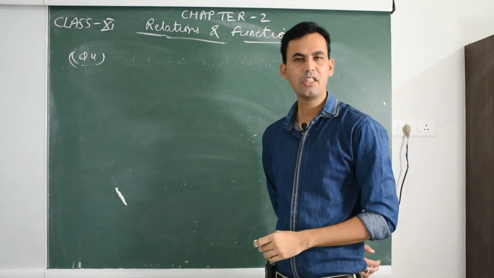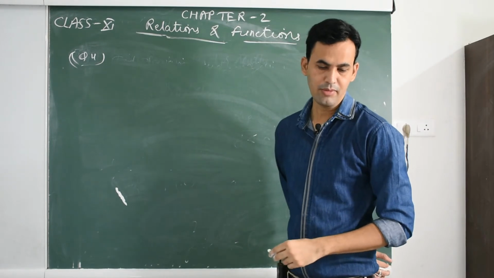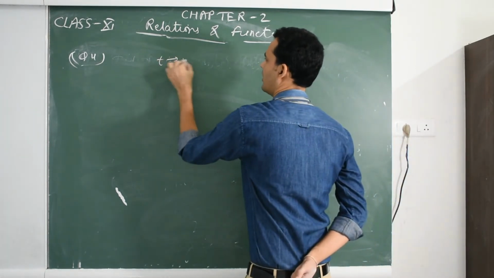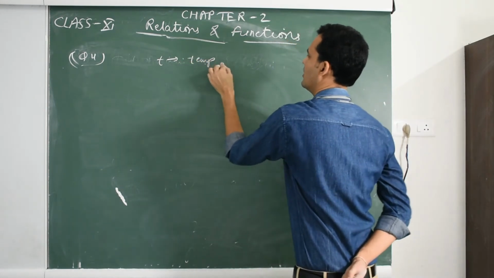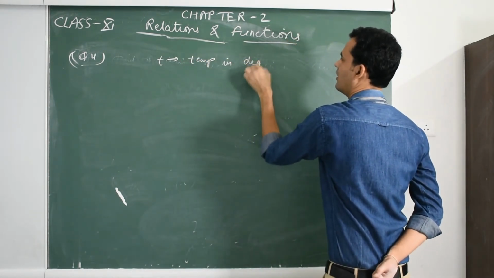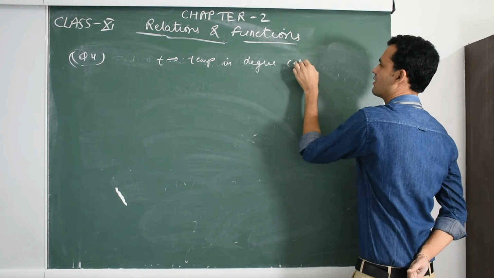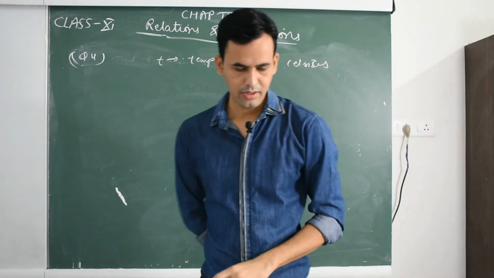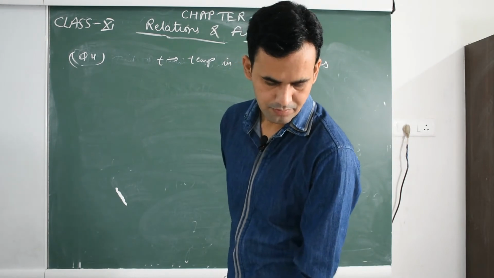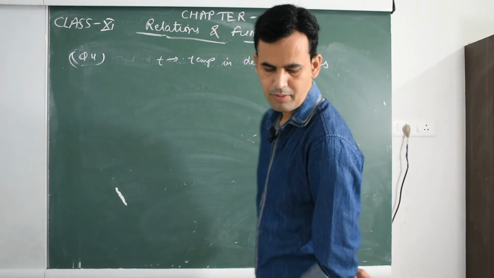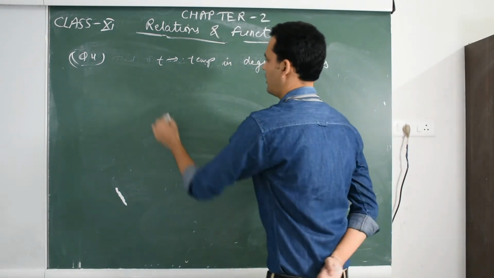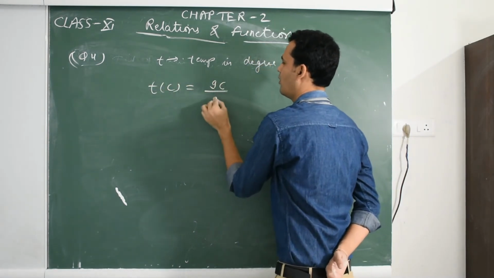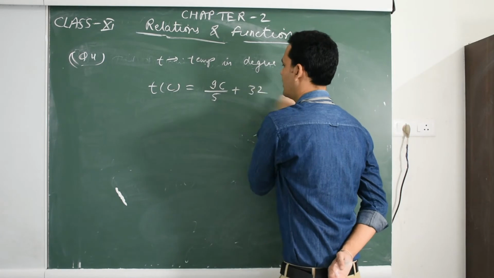The function T, which maps temperature in degree Celsius into the temperature in degree Fahrenheit, is defined by T(C), and the function is given as T(C) equals 9C upon 5 plus 32.